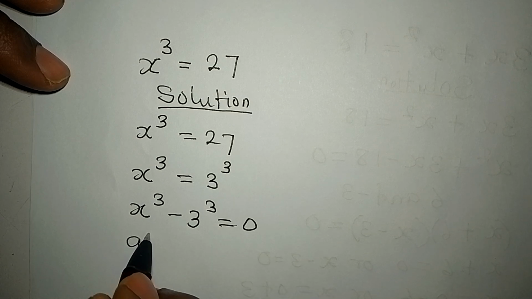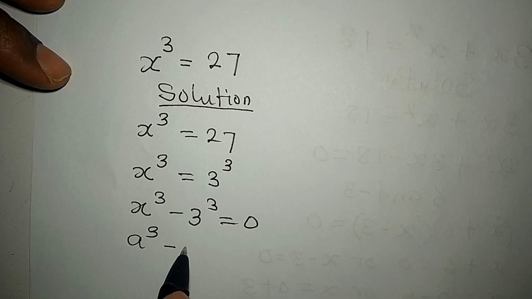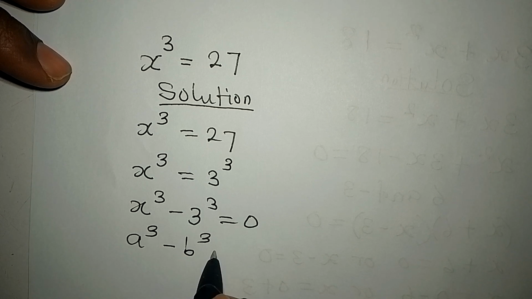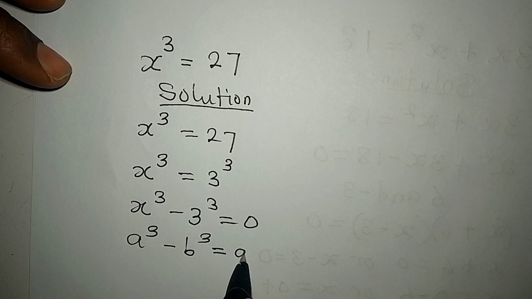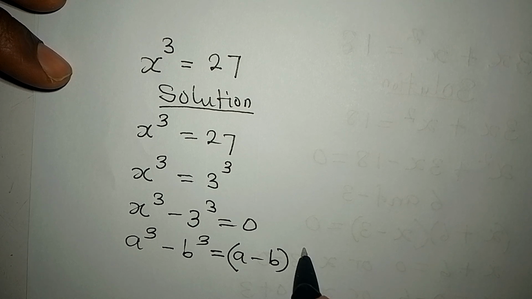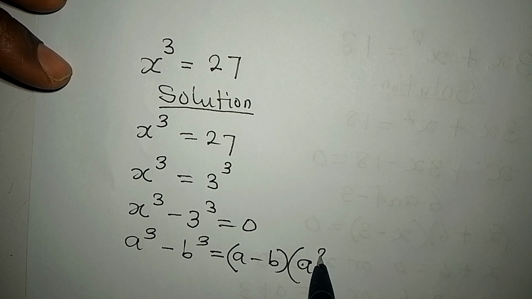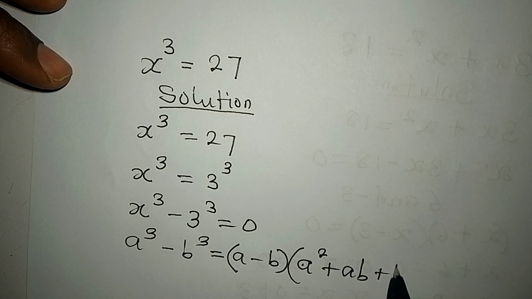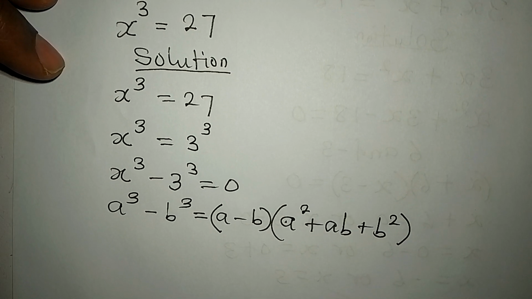If you have a to the power of 3 minus b to the power of 3, this is the same thing as a minus b, close the bracket. Then we have in another bracket a squared plus ab, then plus b squared. So this is what we are going to apply today.